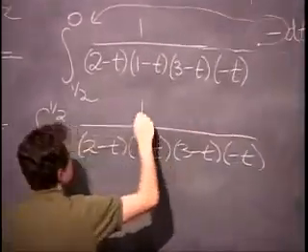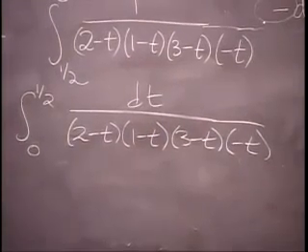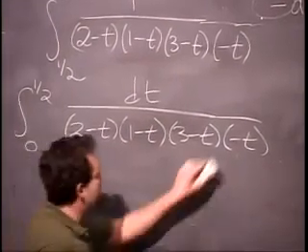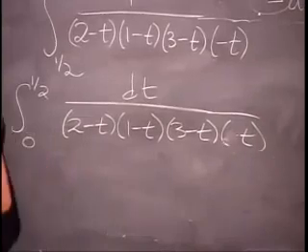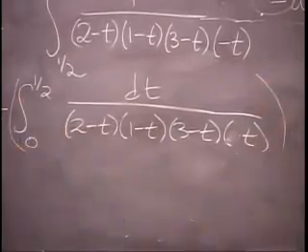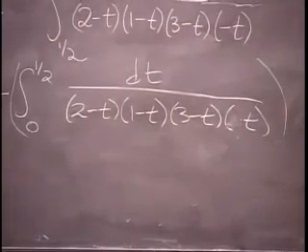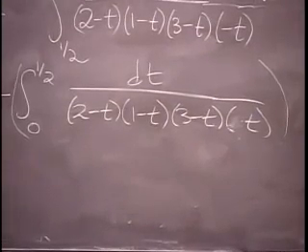It's a bit unfortunate that this quantity happens to be negative on the bottom, but never mind. In fact, I will pull the minus out the front so that everything is positive. When t is between 0 and a half, all four of those factors are positive.